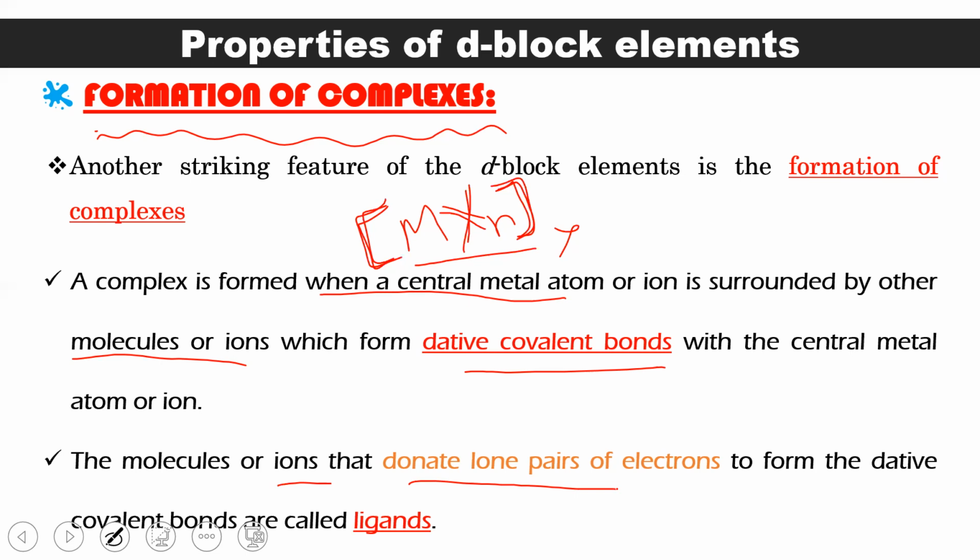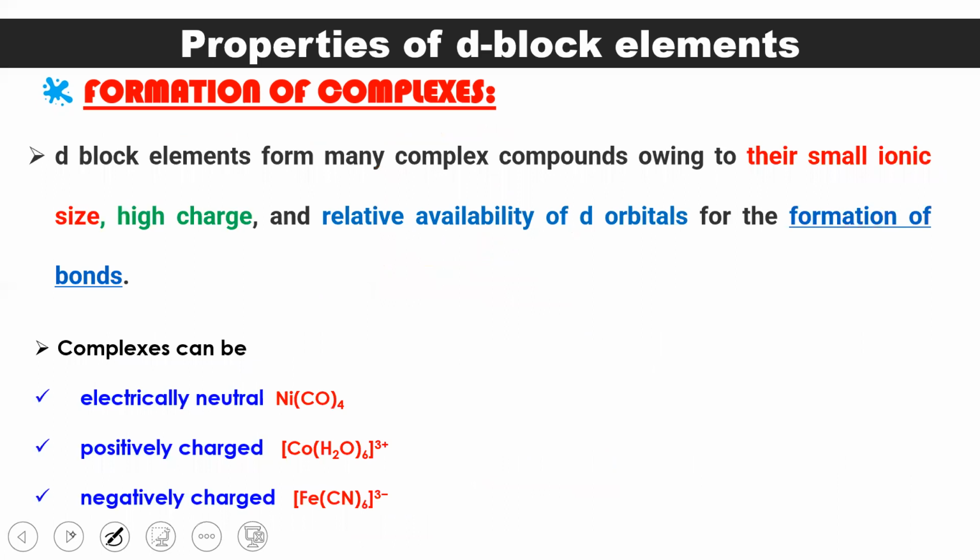So those molecules or ions are known as the ligands. A ligand must donate electrons to the metal ion to form a covalent bond. So that is known as the ligand.